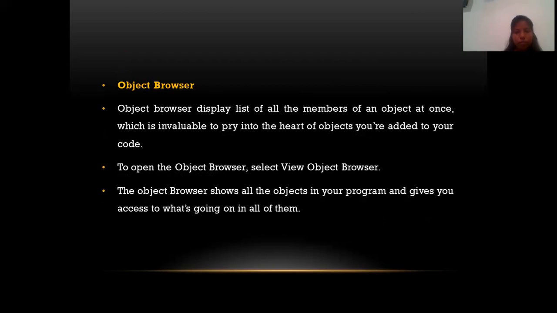For example, if you are writing code, you need an option to run that code; that is what we call the object browser here. By using that, we can view the number of objects. So these are the main toolboxes in the .NET framework.